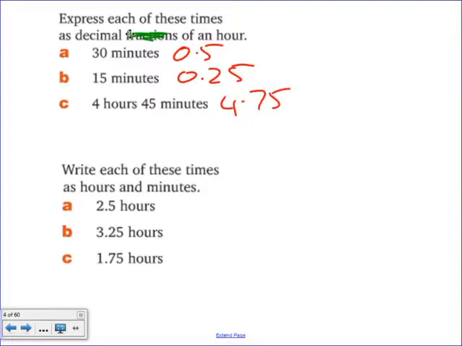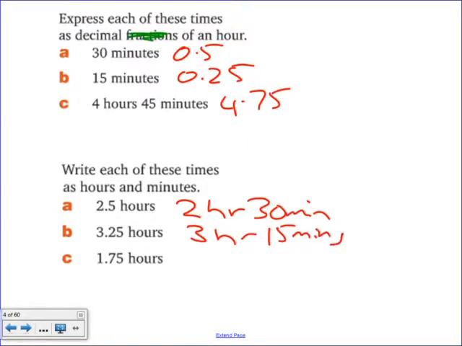Other way around. 2.5 hours, 2 hours, 30 minutes. 3.25, 3 hours, 15 minutes. And 1.75, 1 hour, 45 minutes. Good. It's because you recognise those fractions.